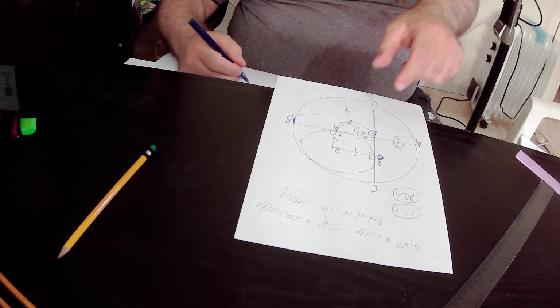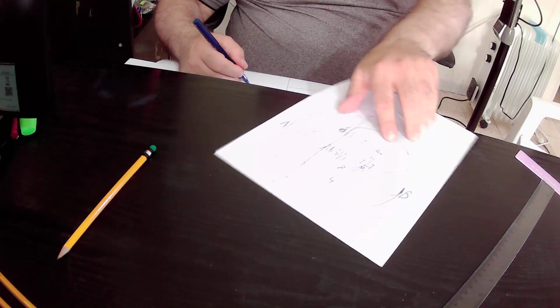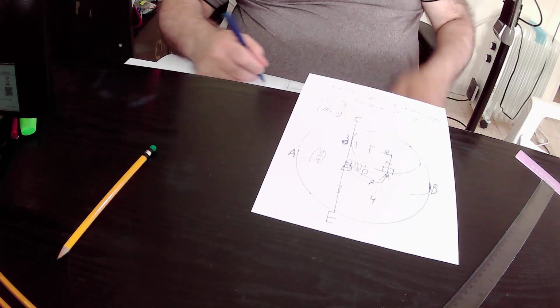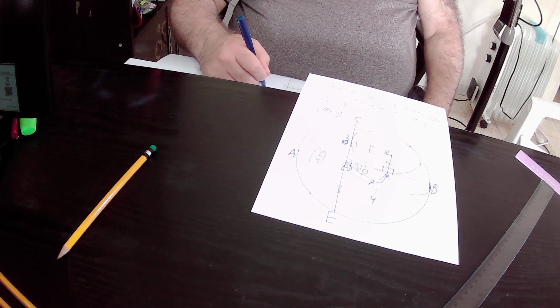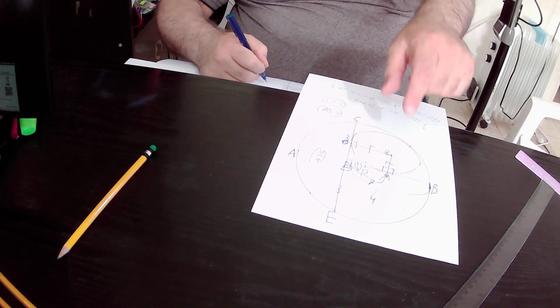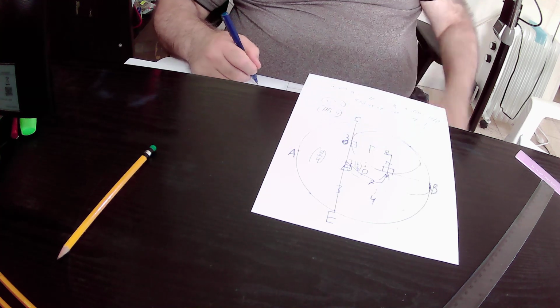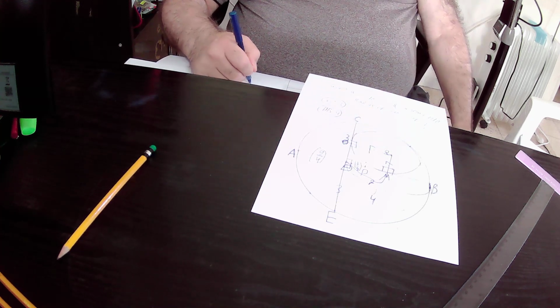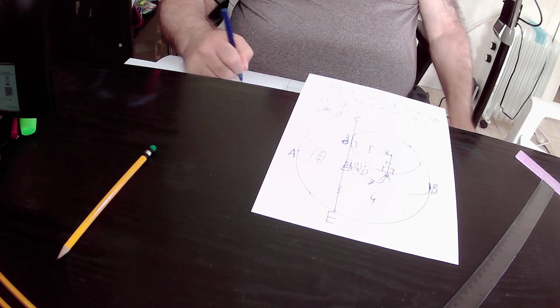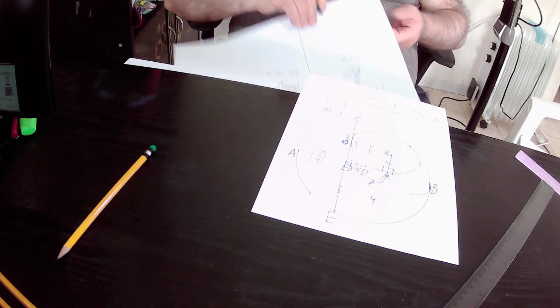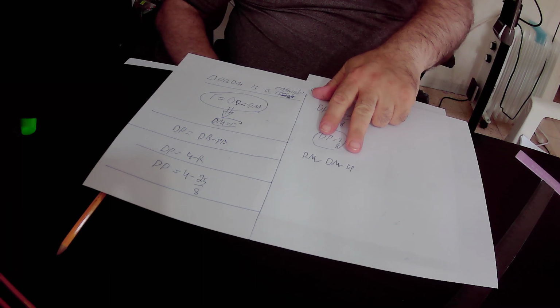In the next step we'll find out the length of line segment PM. From the drawing it is very easy to see that the length of line segment PM equals DM minus DP. Again, PM equals DM minus DP.